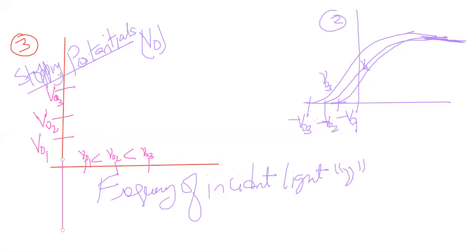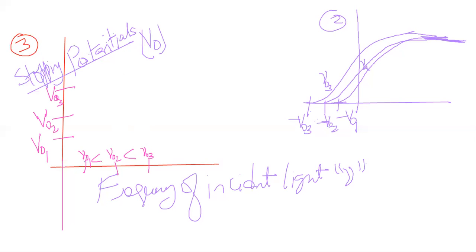I thought that because the frequency is higher for nu03, the stopping potential would be lesser than that of V01. They are directly proportional. How can they be inversely proportional? When frequency increases, stopping potential obviously increases. Oh, okay. When the incident light's frequency increases, the stopping potential also increases.